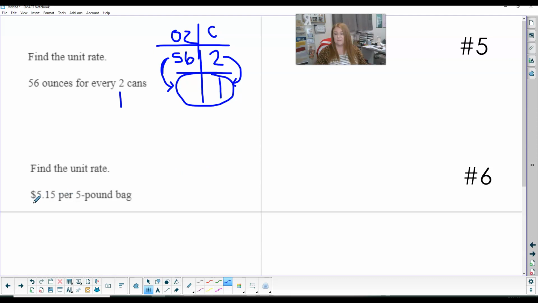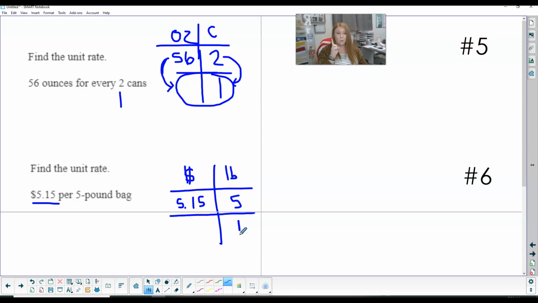So we have $5.15 per 5-pound bag. So we've got money and we've got pounds here. So this was $5.15 and that was for 5 pounds. I want to know the unit rate for 1 pound.